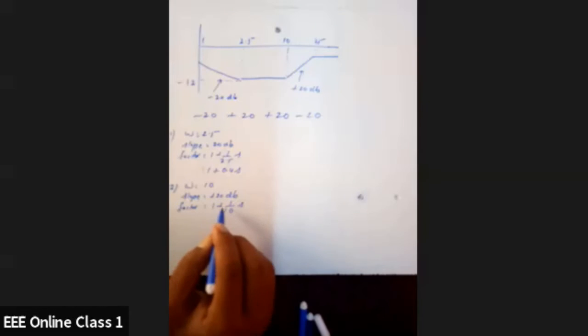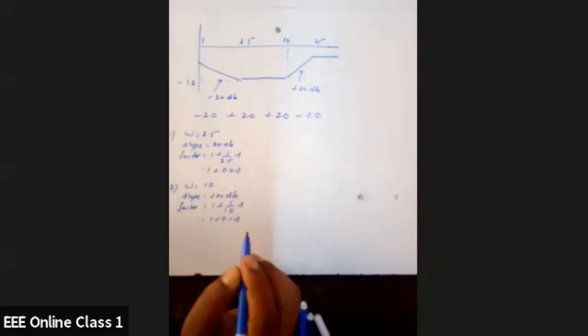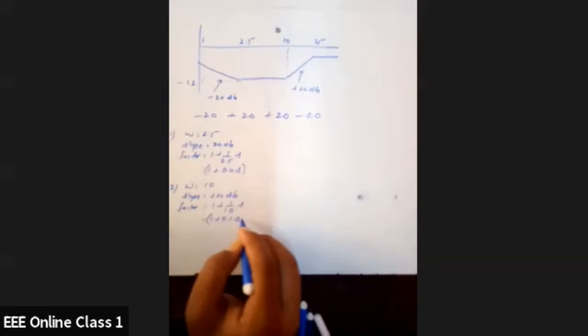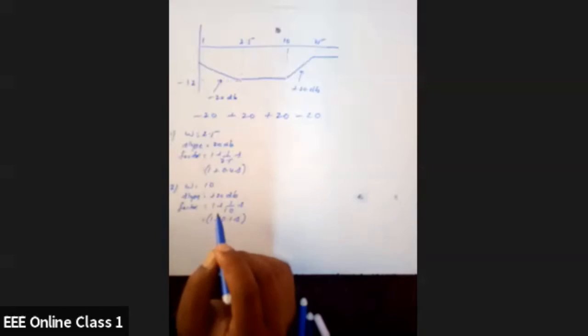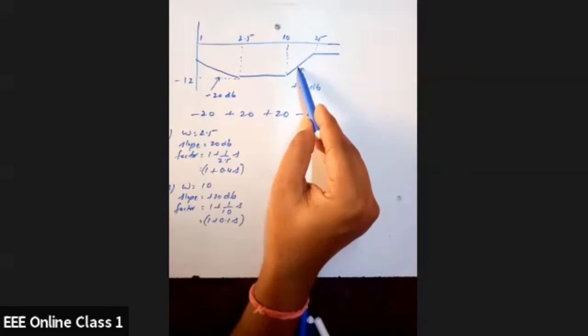So this becomes 1 plus 0.1 s. So this is our second factor, which is represented by this line.